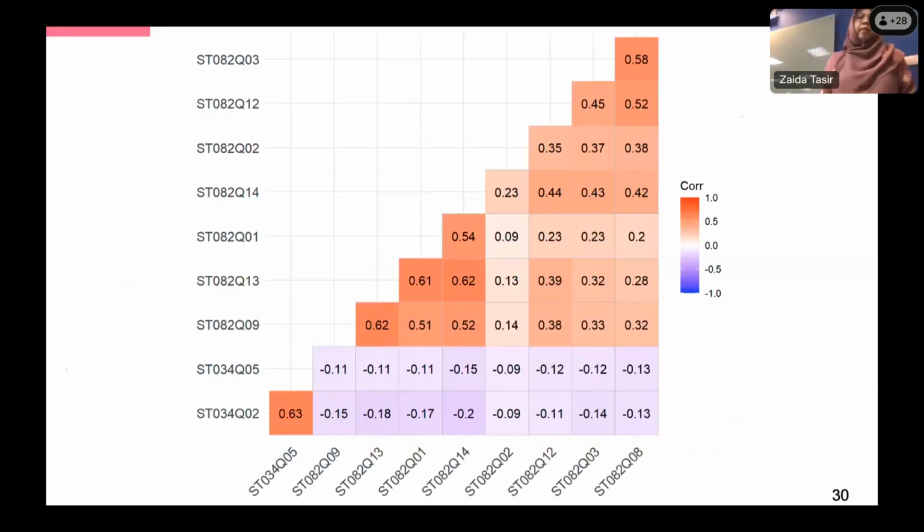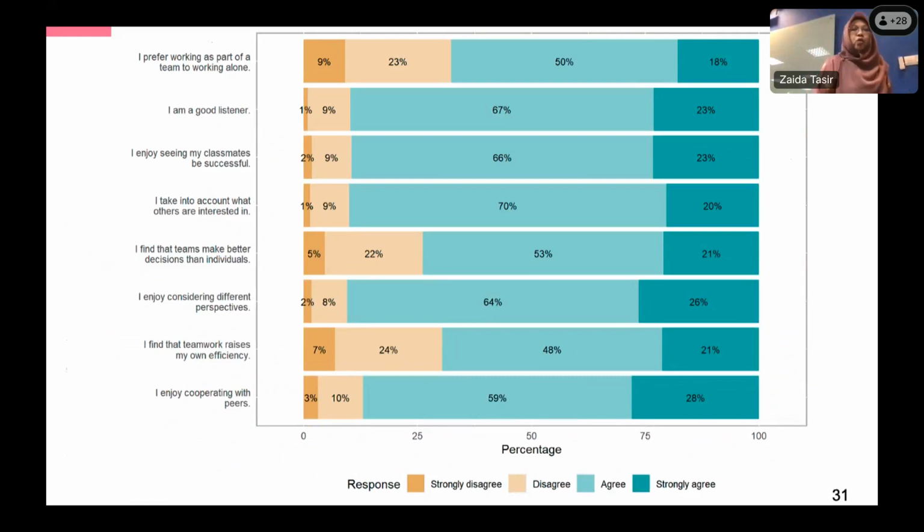Another way to represent correlation, you can use this kind of diagram. Okay, and you also can use this way to represent the response, maybe based on Likert scale percentages. Here, we can just make a conclusion. This one is actually the one with high percentage, which is stronger.